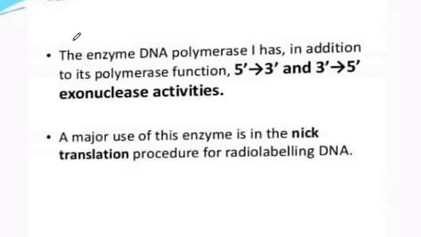The enzyme DNA polymerase 1 has, in addition to its polymerase function, 5' to 3' and 3' to 5' exonuclease activity. A major use of the enzyme is in the nick translation procedure for radio labeling DNA.